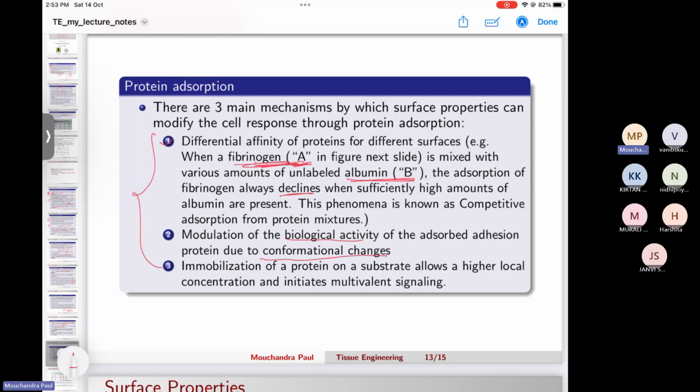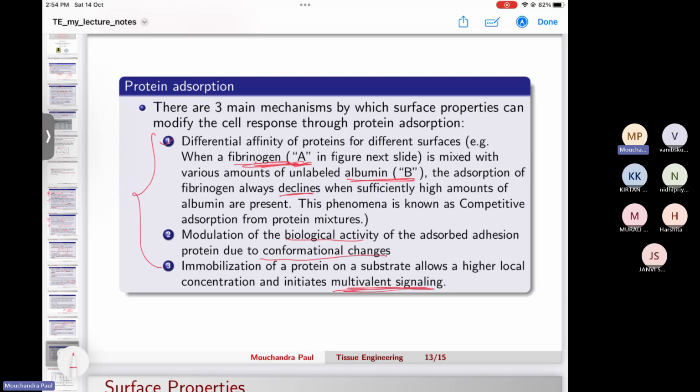And the third point being, if we immobilize a protein permanently on a surface, then what is going to happen is the concentration at that particular region is going to increase, and that in turn is going to increase the time scale for which cell and material interaction is going to happen.